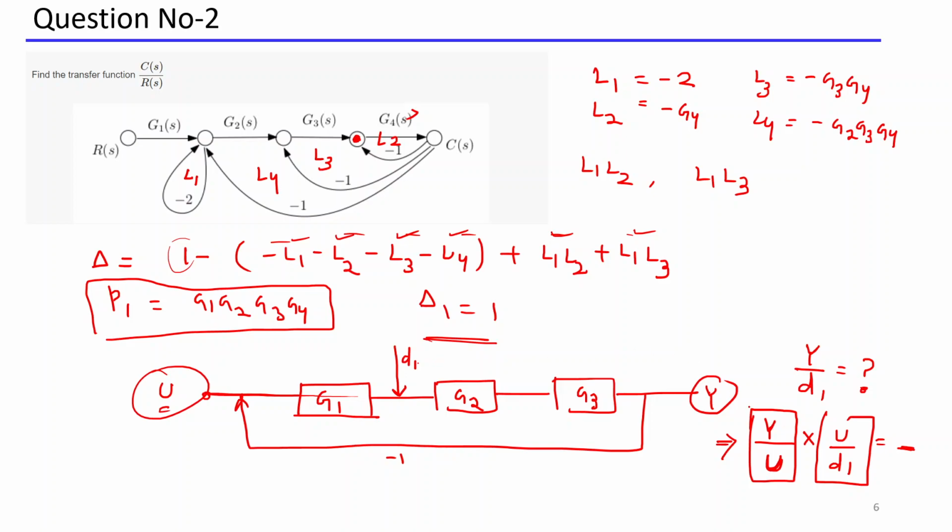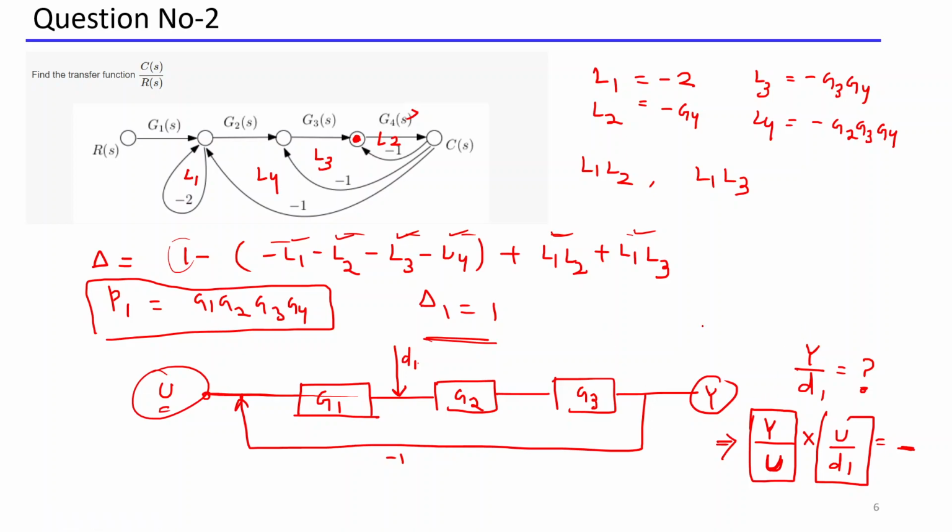Otherwise somebody has told that actually you can apply superposition, you take one input at a time and solve the question. When you are applying D1 with respect to Y, you have to take U0, and similarly when you are finding D1 0 and with respect to Y, and you have to cascade like that, meaning addition. So that thing you can do also.